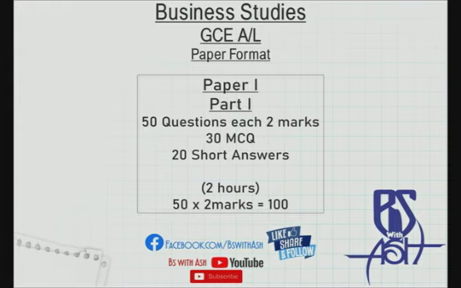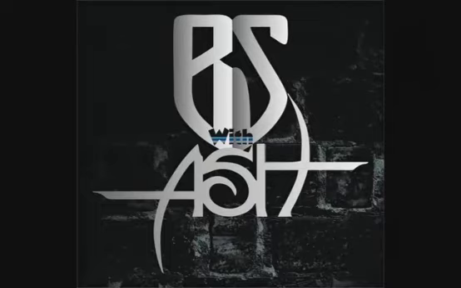For example, they could ask a question like mention 4 requirements you need to fulfill this thing, or 4 ways to achieve it. So questions like that will specifically mention you to write 4 answers for it. So that's about it for part A, and part A is prepared for 2 hours. So within the specified 2 hours you have to complete all the 50 questions.